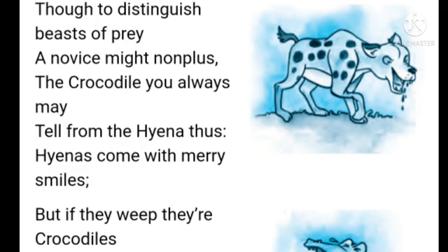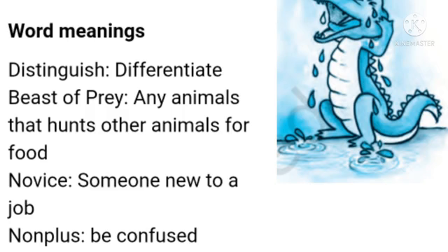So here the poet tries to help the readers by telling the difference between two animals, especially focusing on hyenas and crocodiles. The poet says that hyenas will be smiling, whereas if it is a crocodile, it is always in tears, and both of these animals are dangerous.